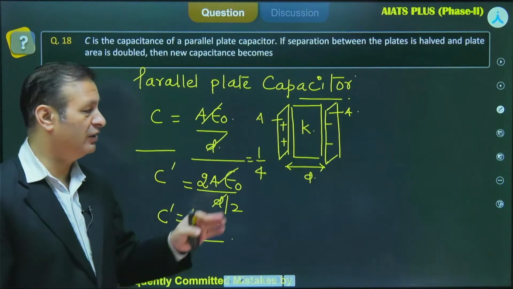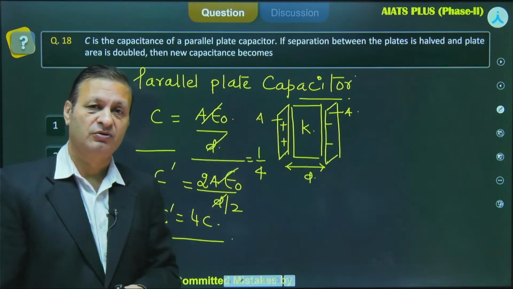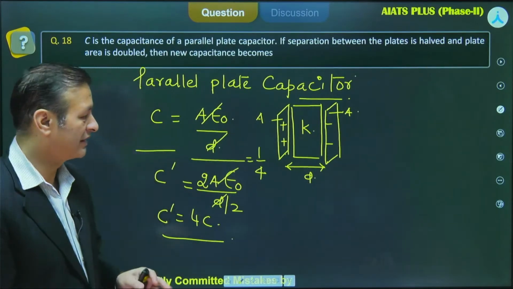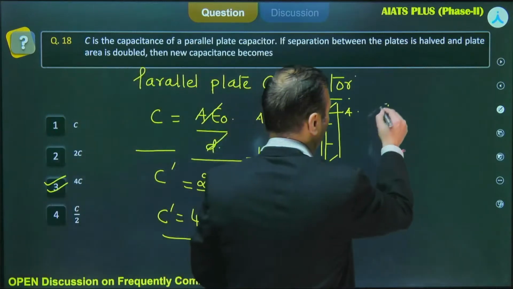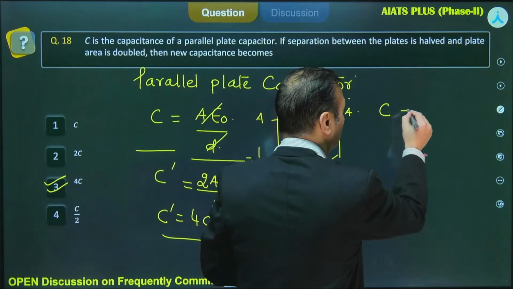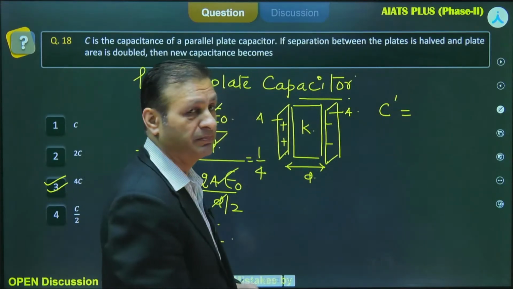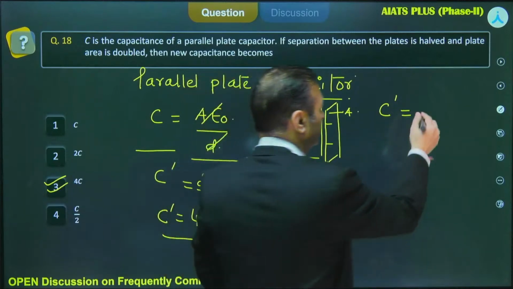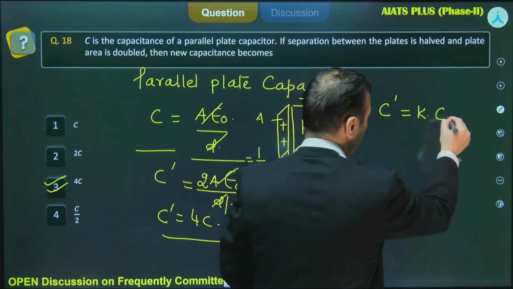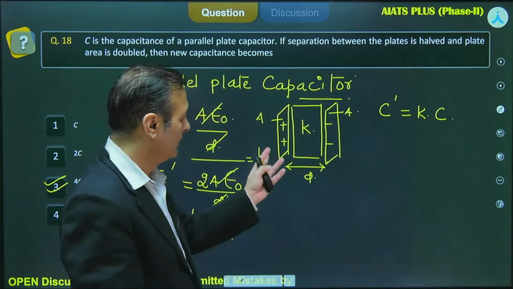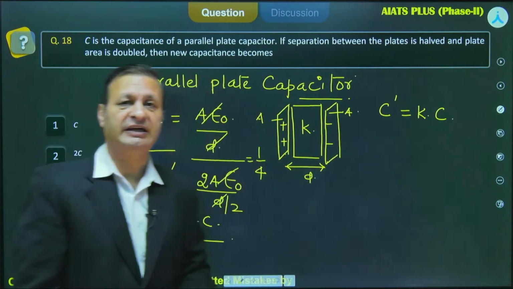It is filled with a dielectric whose dielectric constant is given as K. For your knowledge, I am giving you the new capacitance, which I put as C prime, and that becomes K times the original one, keeping everything intact.